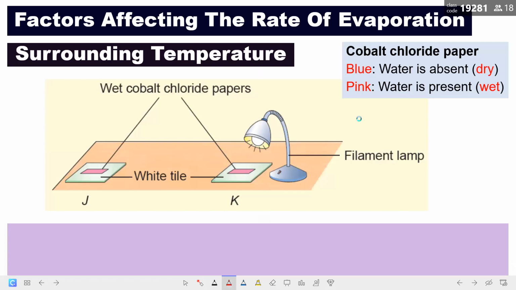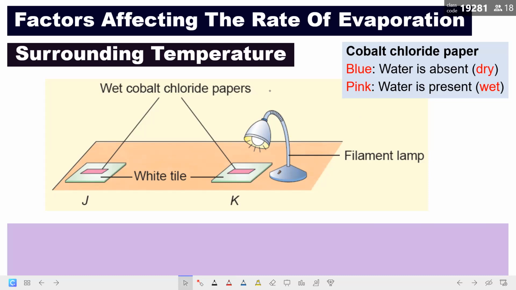Look, one has light, one has no light. Both also got wet pink cobalt chloride paper. You tell me, common sense, which one will turn blue first? K or J?